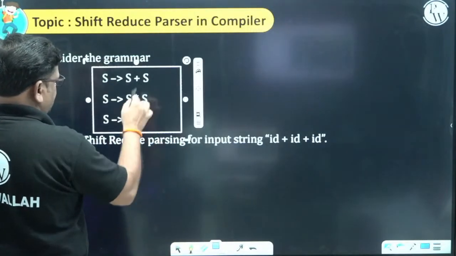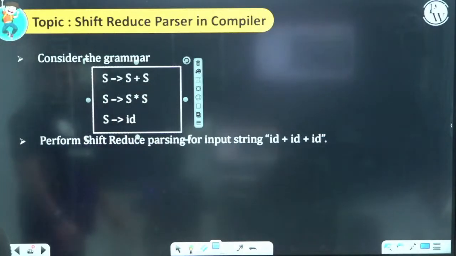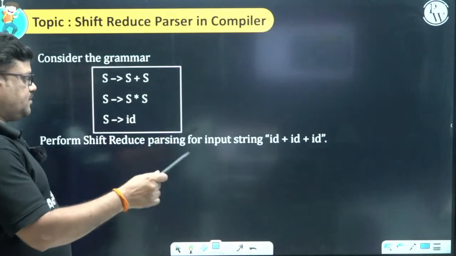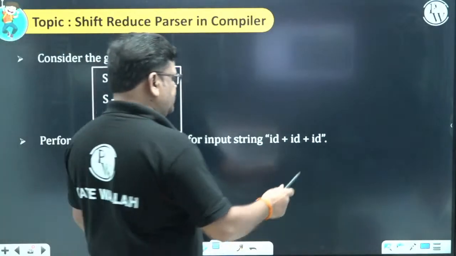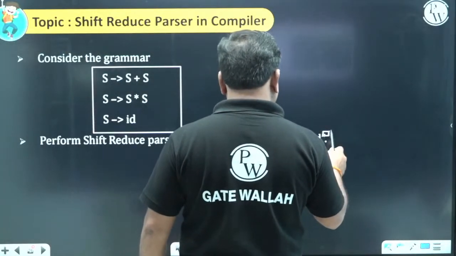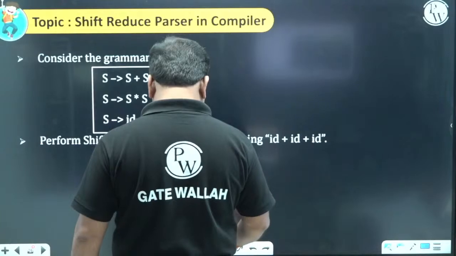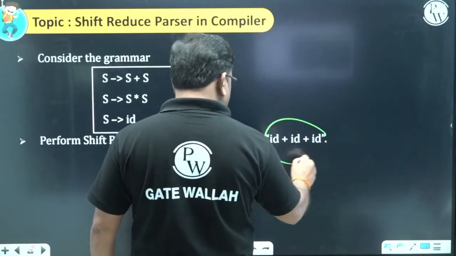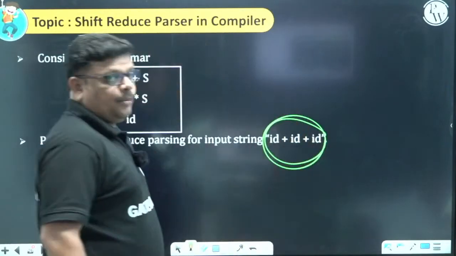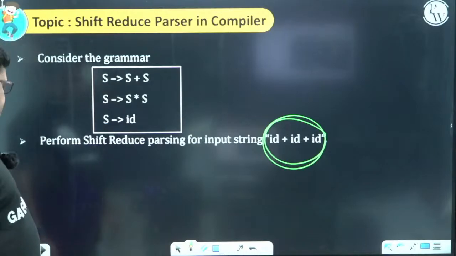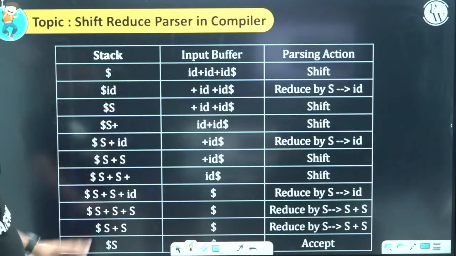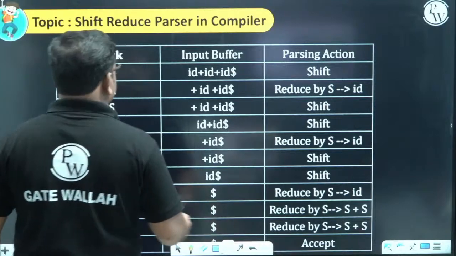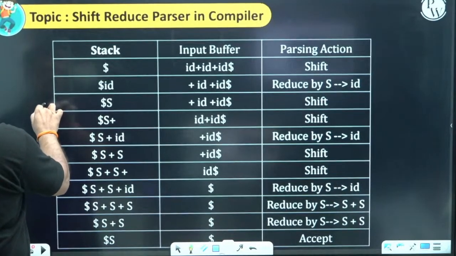Here we have a grammar. We are asked to perform shift reduce parsing for the input id plus id star id, and count how many shift actions and how many reduce actions are taken by the parser.